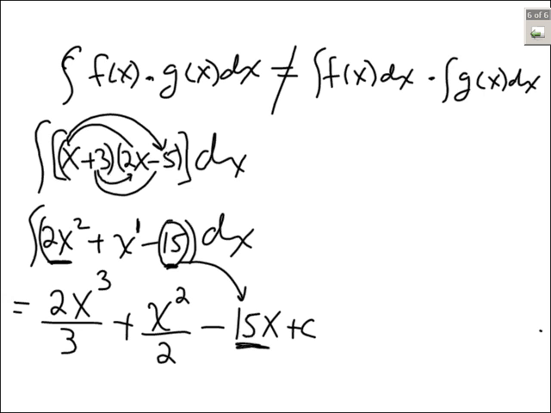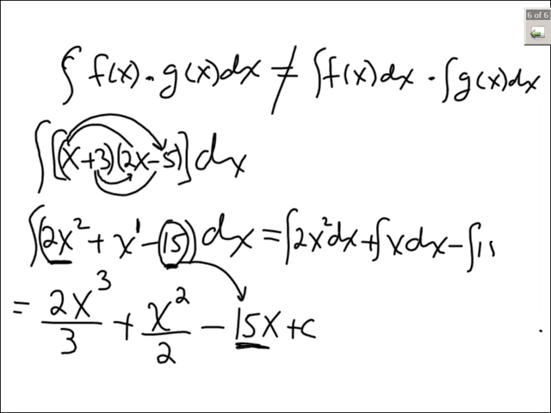Now, I did say that this is the same as the integral of 2x squared dx plus the integral of x dx minus the integral of 15 dx. And the integral of 2x squared is 2x cubed over 3 plus c, I'll call it c1.